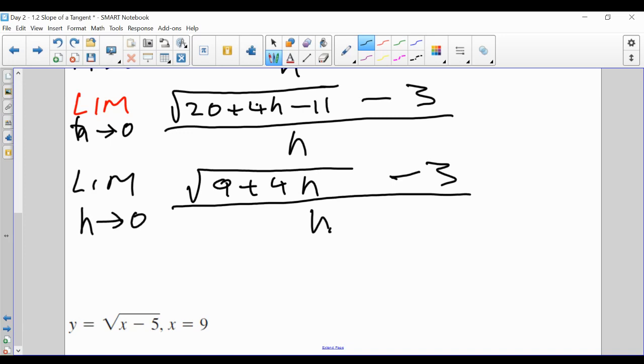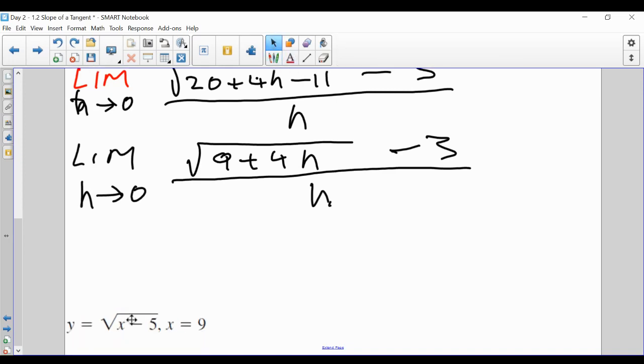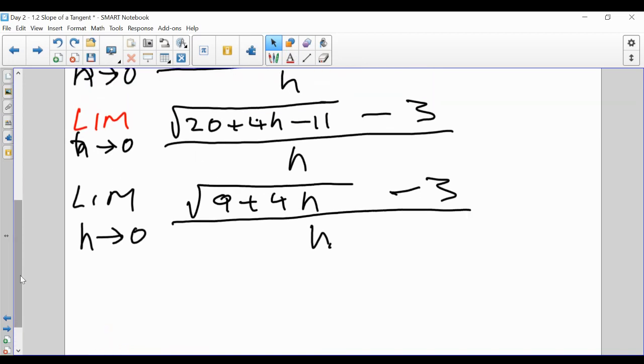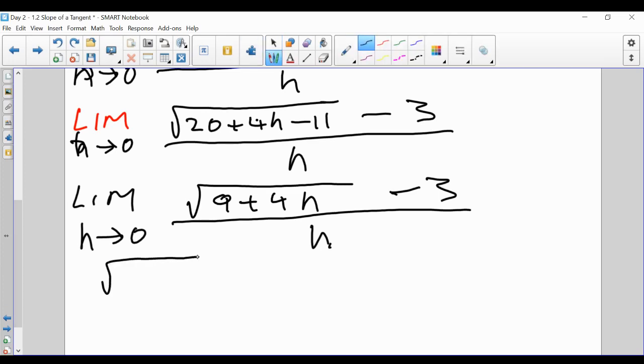Rationalizing the numerator. Thank you, Adam. So we're going to do exactly that. I'm going to leave out the limit as h approaches 0 for a bit because it takes up quite a bit of room. And what we're going to do is try to rationalize not the denominator, but the numerator. So I'm going to take the square root of 9 plus 4h minus 3 over h.